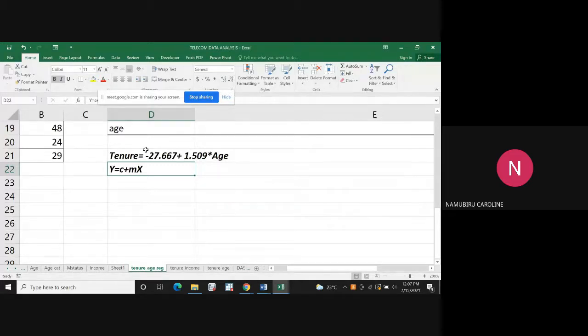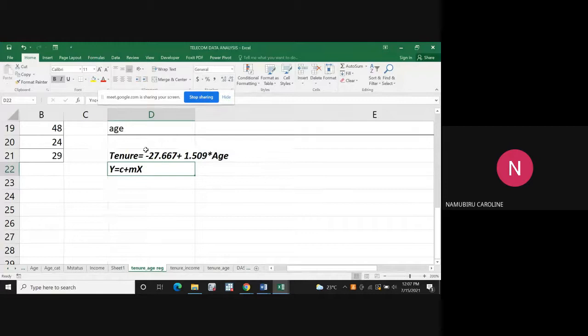So what normally happens is that people just forget about it. But for us here in class, we shall explain it, because we really need to know what the value stands for, what it means.